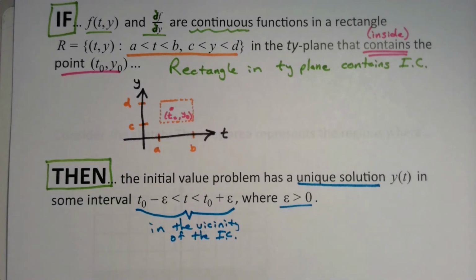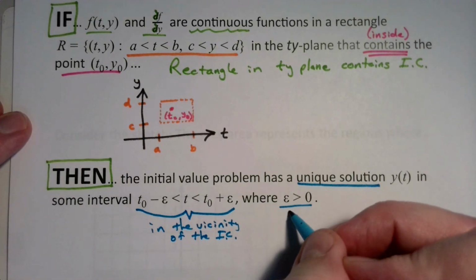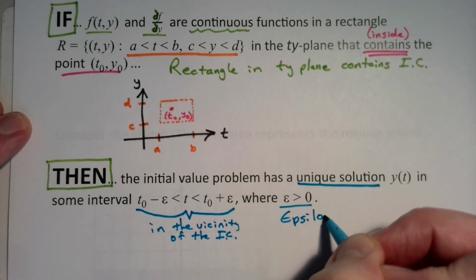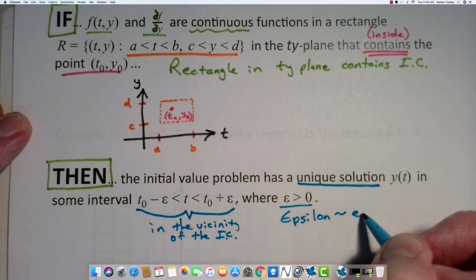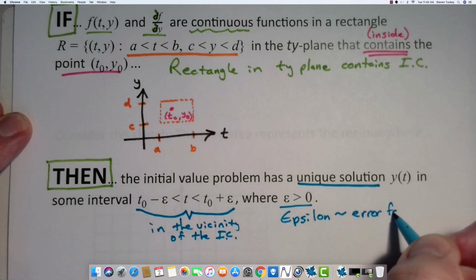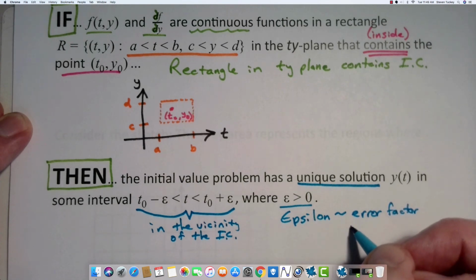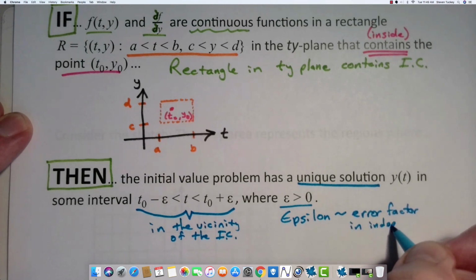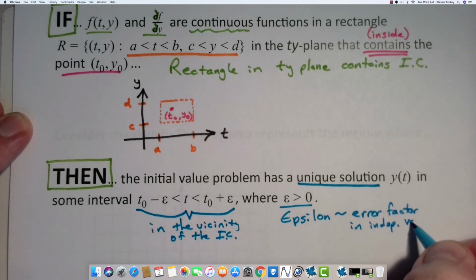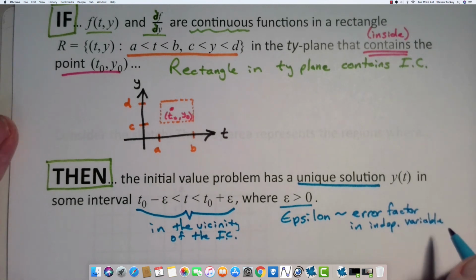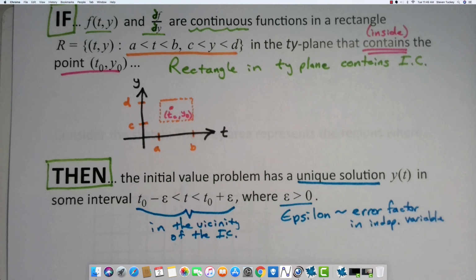Right? And so this guy over here, this epsilon, is just basically the error factor in the independent variable. And it's tiny. It's designed to be a small little gap. So right in the area of your initial condition, you're guaranteed to have a unique solution.